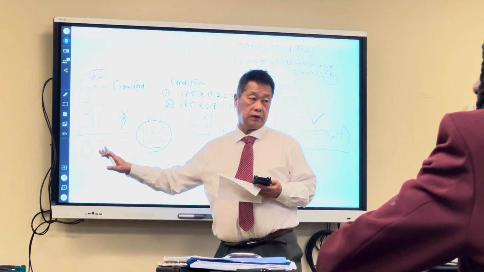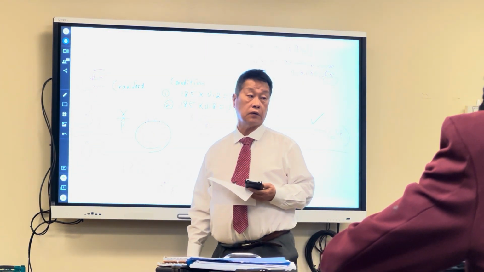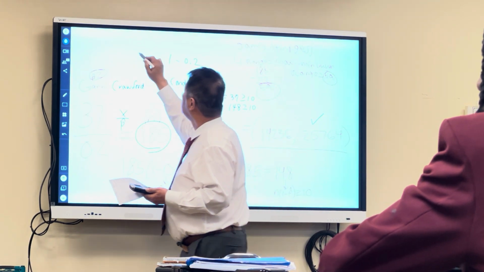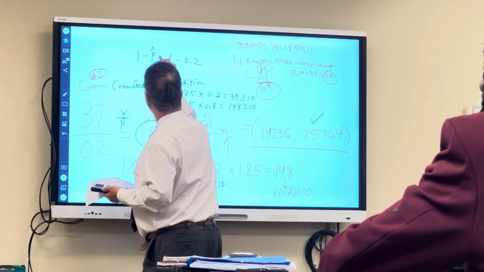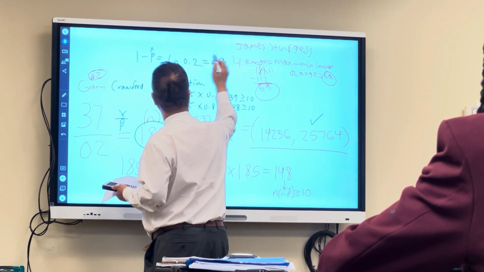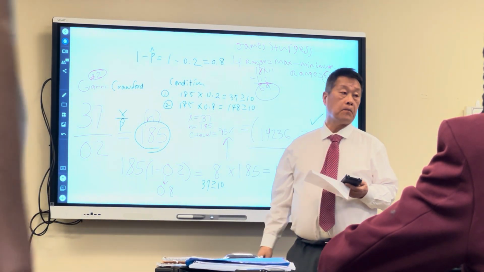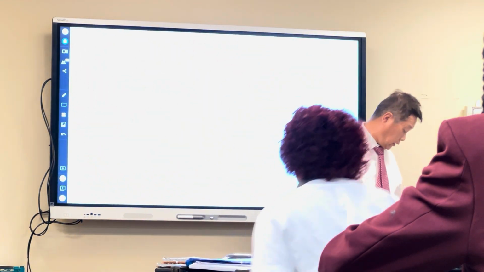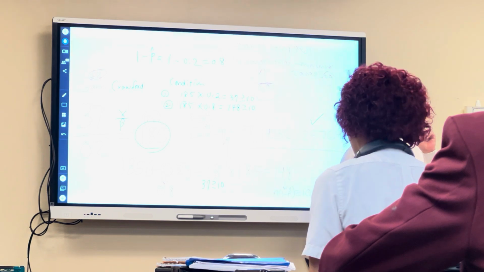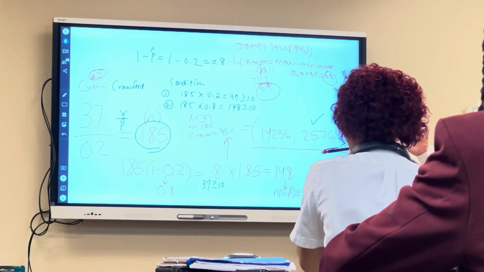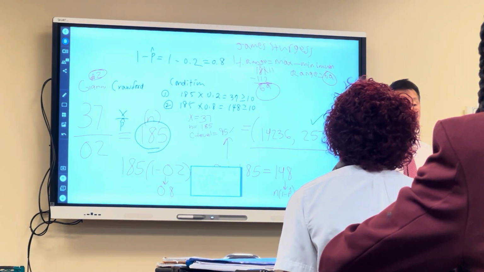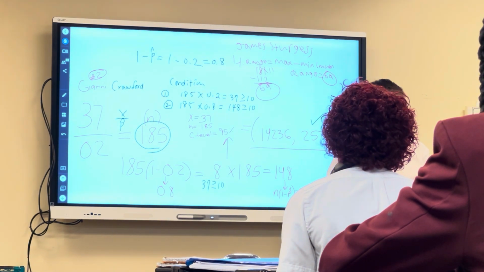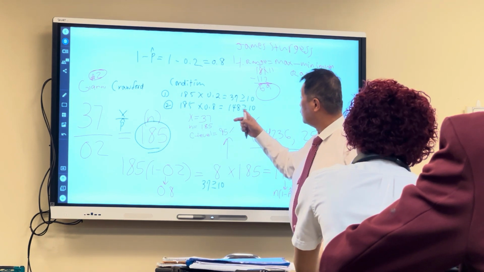So 1 minus P hat is 1 minus 0.2, which is 0.8. 0.2 plus 0.8, by adding them up you have to have 1, okay? P hat plus 1 minus P hat, you have 1. That should be the case. So 185 times 0.8 is 148.